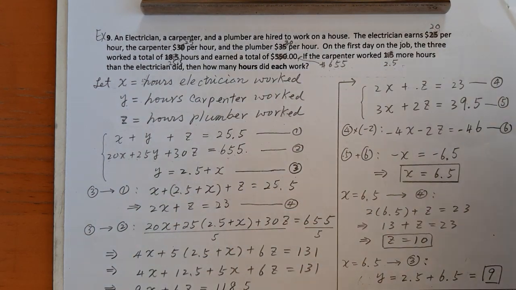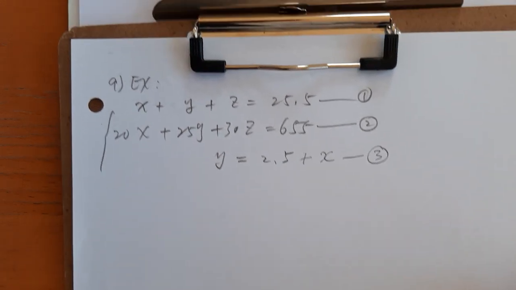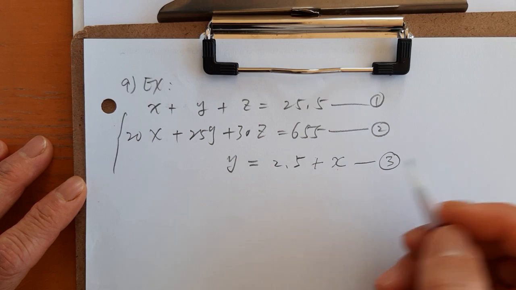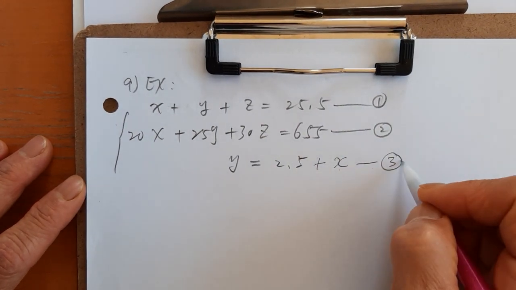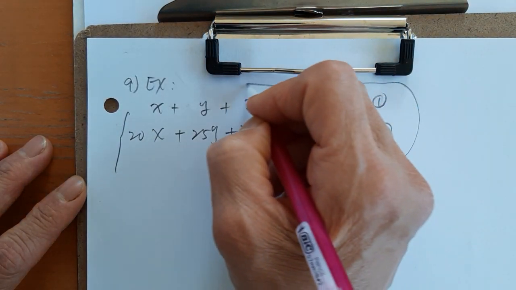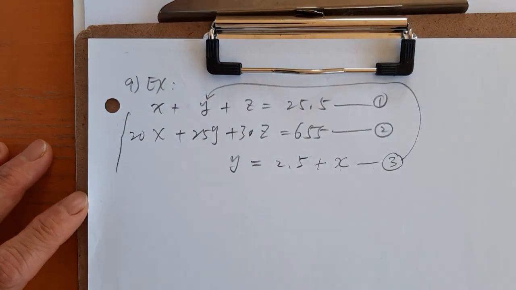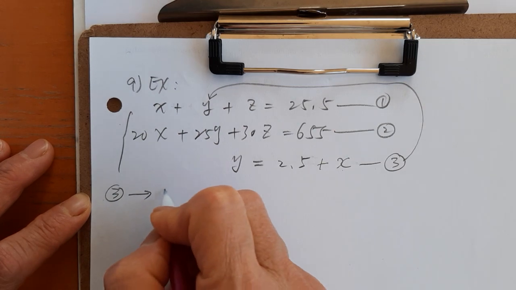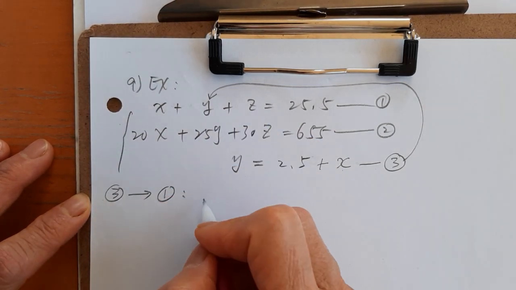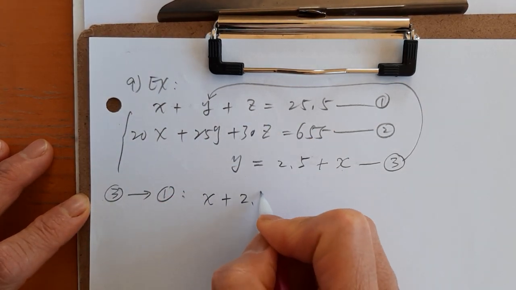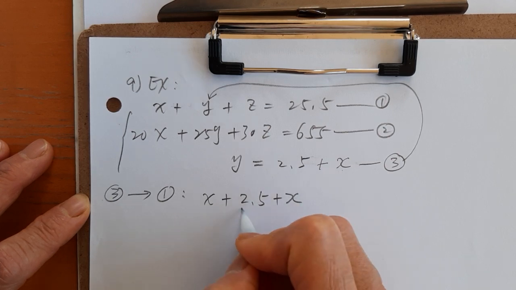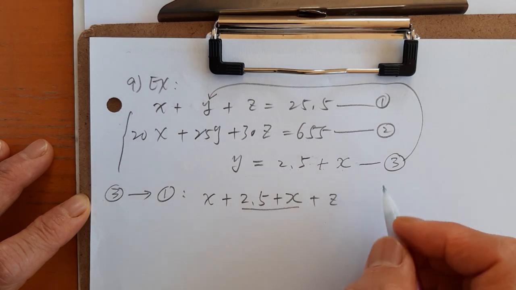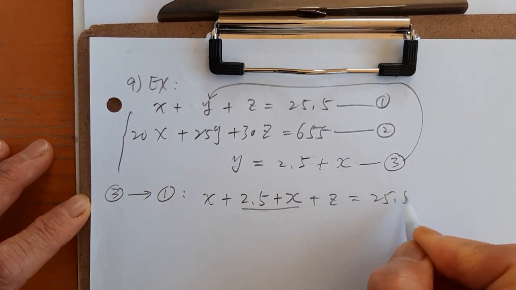How to solve? Since the third equation gives Y in terms of X, we can use the substitution method. First of all, plug the third equation into the first equation for Y. So we get X plus Y, which is 2.5 plus X, plus Z equals 25.5.